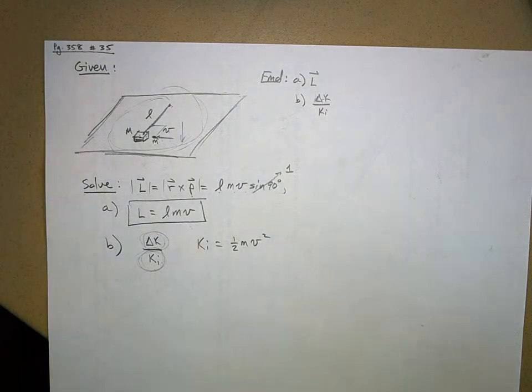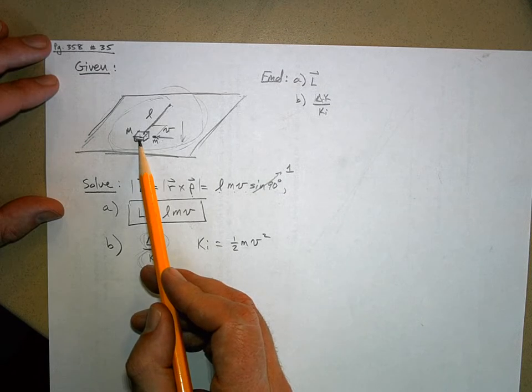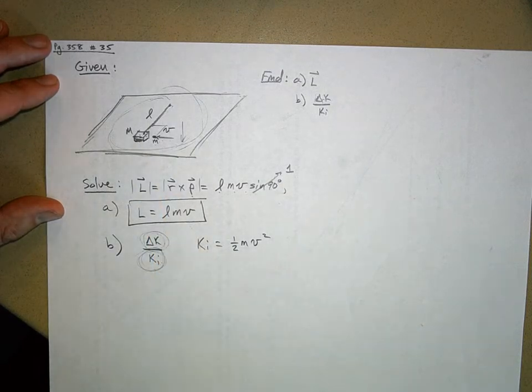Now we have to figure out what the final kinetic energy is. Well, in order to do that, we have to figure out what the final velocity of this is.